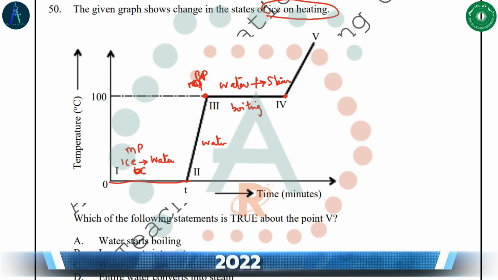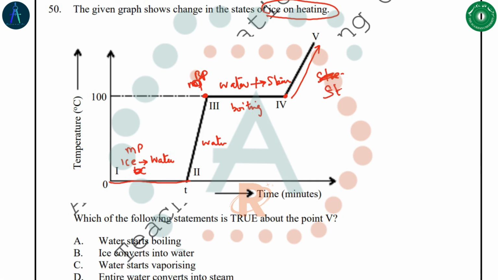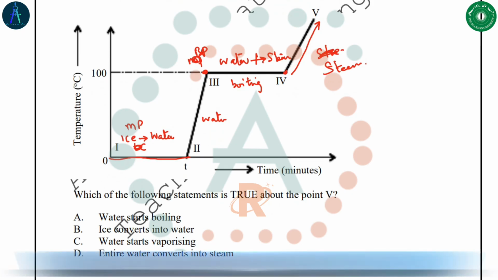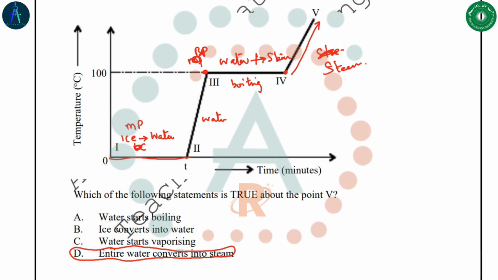Then at point 4 there is complete steam, and in this whole region we have only one state, that is the steam. So which of the following statements is true about point 5? So the correct answer is option D, that the entire water is converted into steam. So option D is the right answer.